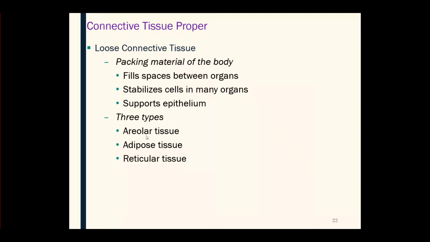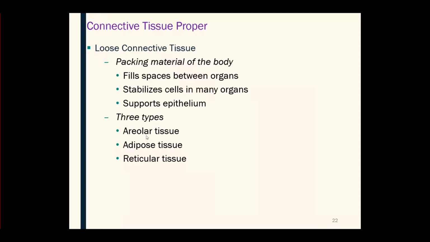Think of it as the packing material of the body. It fills spaces between the organs. It stabilizes cells within the organs. It supports the epithelial tissue, right? When we looked at epithelium in previous lessons, always, always, always under epithelium was connective tissue, right? Now we're going to look at that connective tissue.